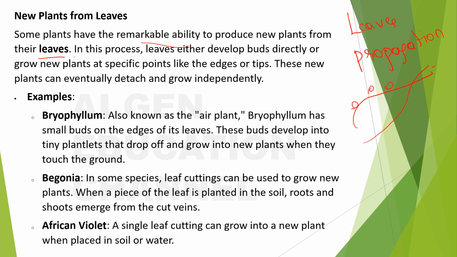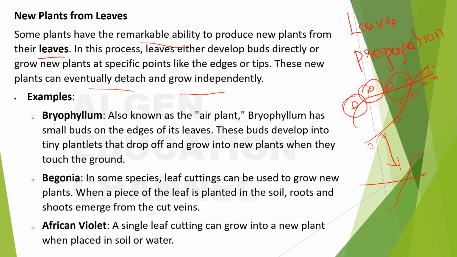The buds will develop, which eventually grow into small plants, and these get detached and grow as independent plants. Okay, so this growth will happen only at some specific points, not all through the leaf. They will be near the edges or tips like that. Okay, these new plants eventually detach and grow independently.